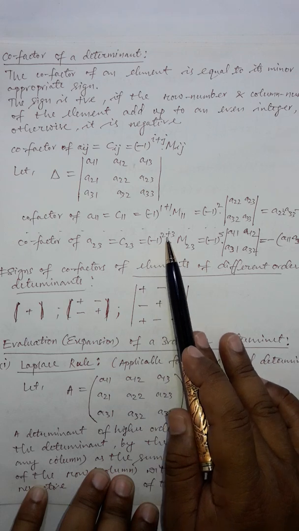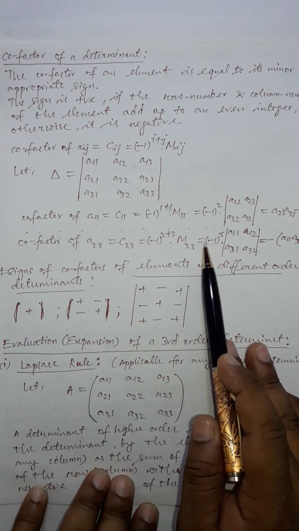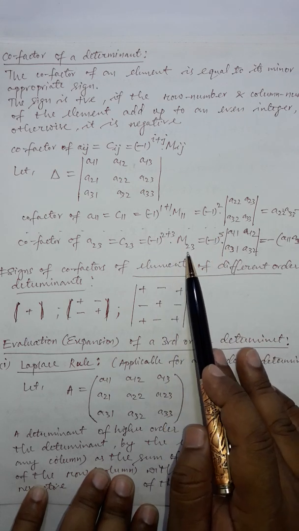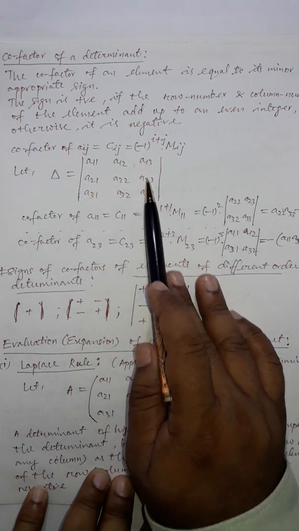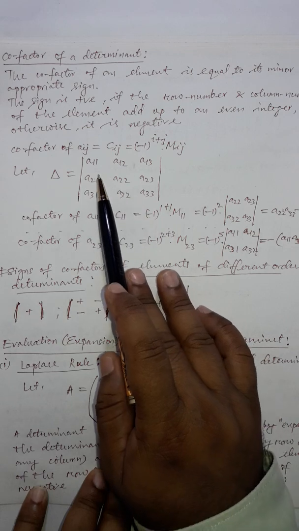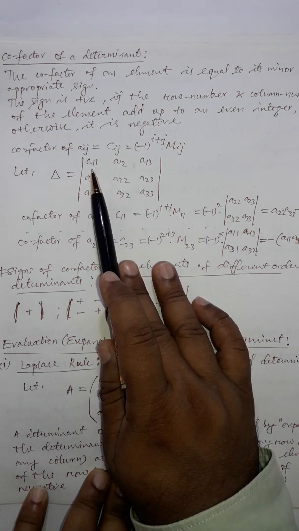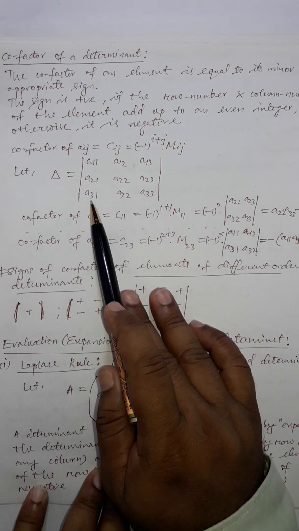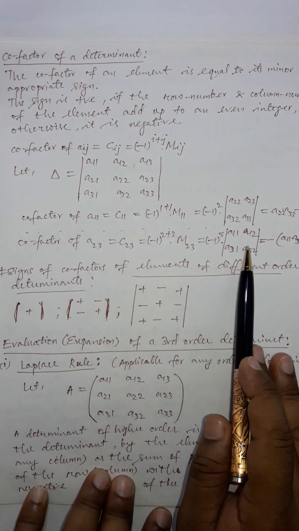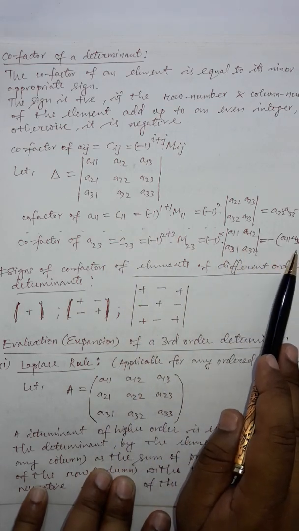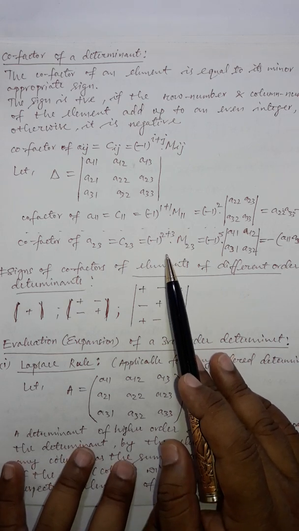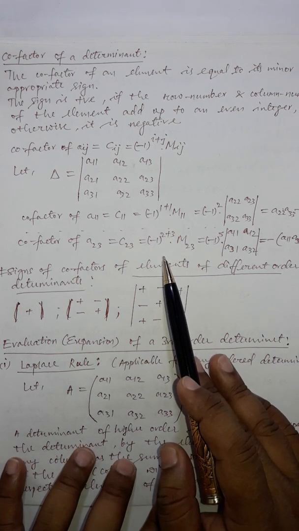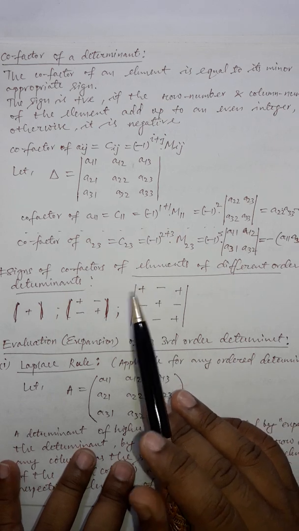Now, we know minus 1 to the power 5 is negative, and the minor M23 is obtained by removing its row and column, that is a determinant of a11, a12, a31 and a32. Now, you can calculate it further and you can get the cofactors. So, this is the process of getting cofactors and minors of the elements of a determinant.